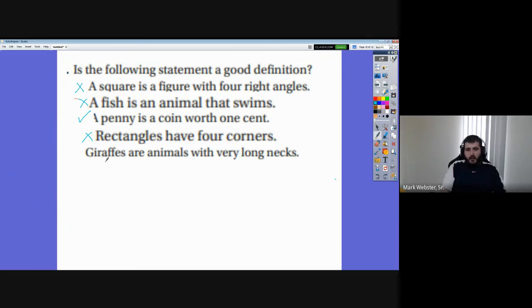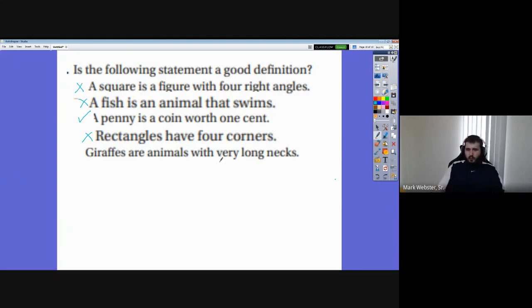Even if it was giraffes are mammals with very long necks. Are there other mammals that have long necks? How long does it have to be for it to count as what we would want for a giraffe? Just words like very long are not good enough. You know, it's difficult to come out with something like that when they don't give specific information.